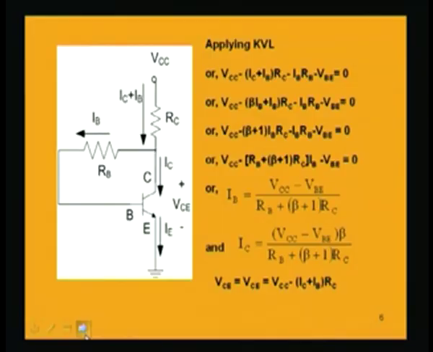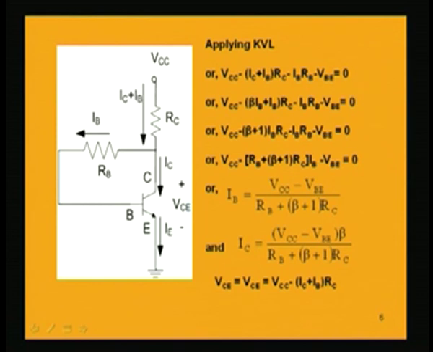In order to know the base current, we have to follow the path from VCC through RB through the base to ground and apply Kirchhoff's voltage law.